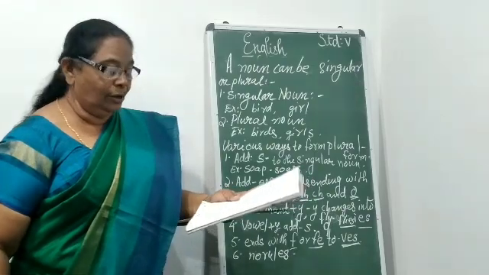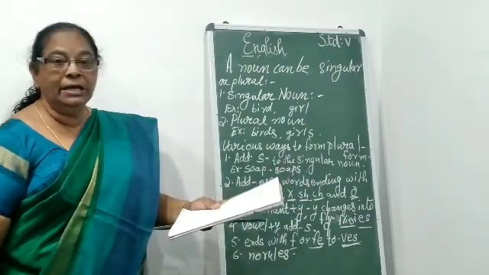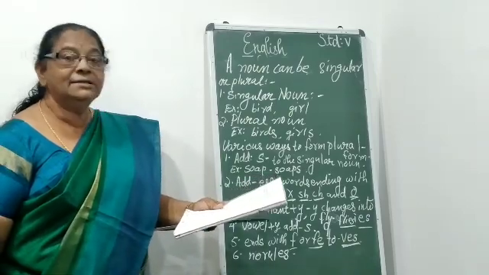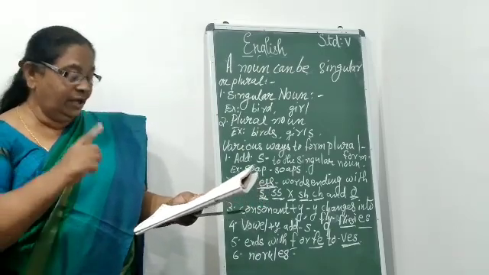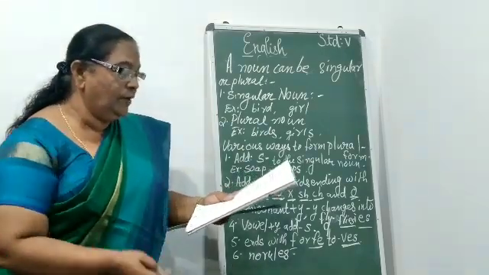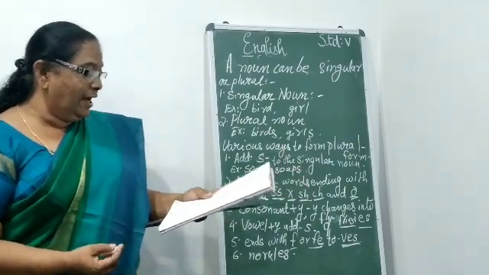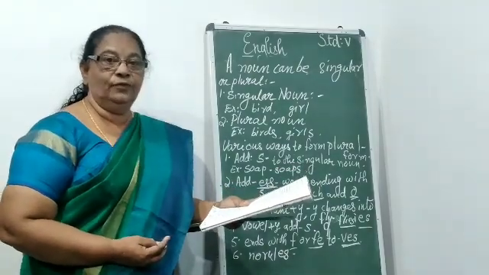Okay, underline in your textbook that when a singular noun ends with f or fe, change f or fe to ves. Okay, we will not use f or fe there. Instead of that, we will use only ves.